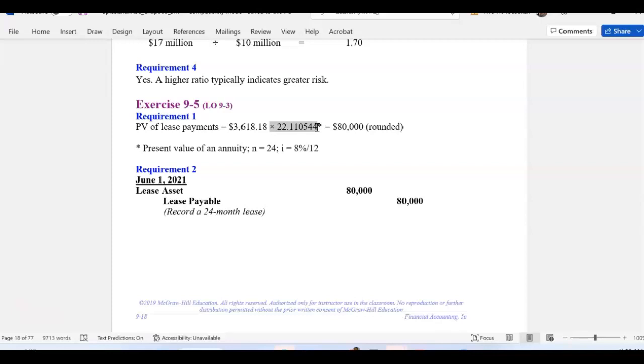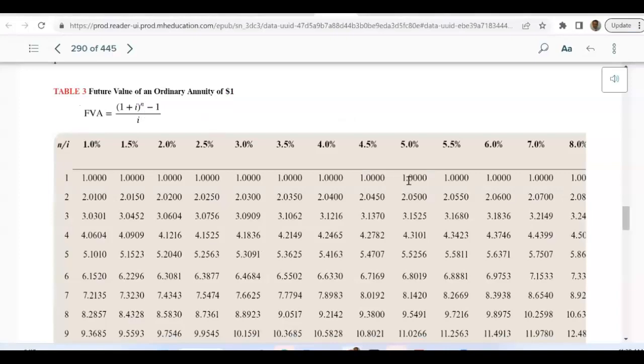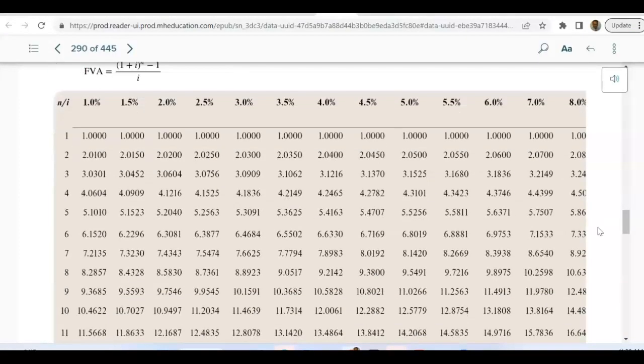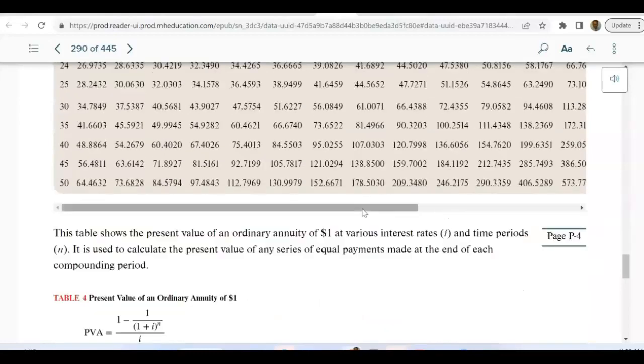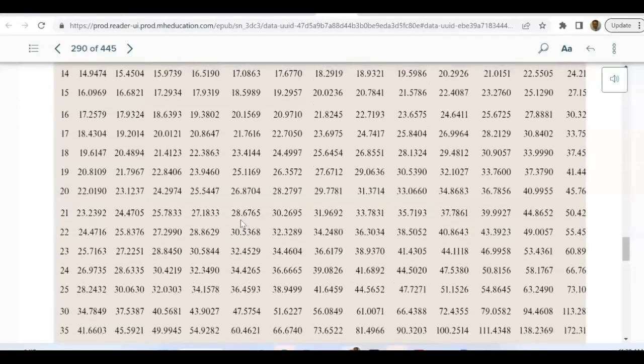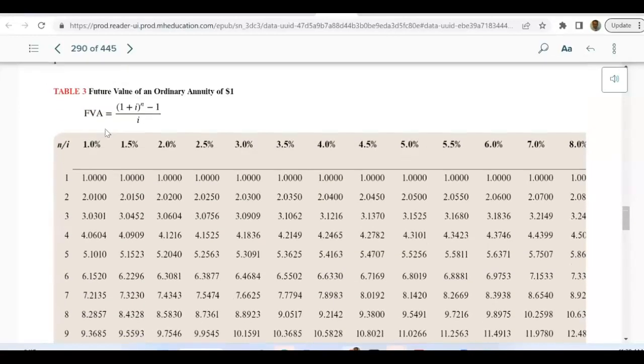Let's say if it was 12%, I would easily say 12% divided by 12, it will become 1% right here.